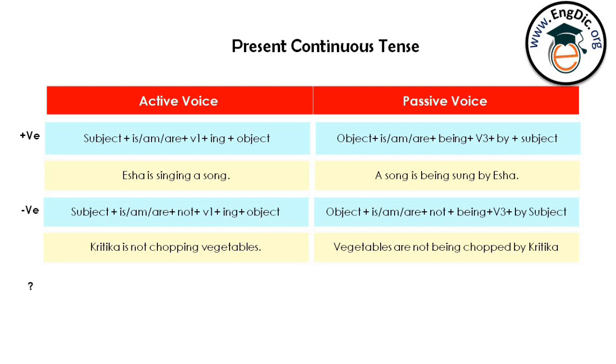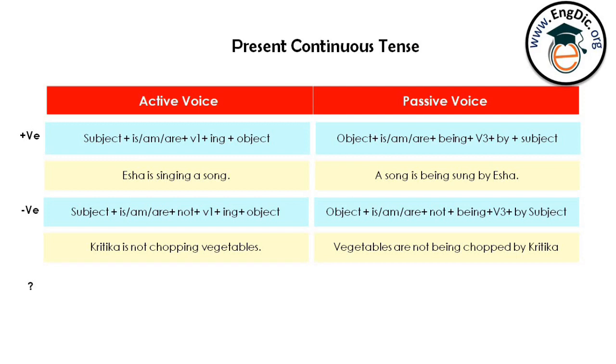For example, vegetables are not being chopped by Kritika. First we have placed the object vegetables, then are, then not, then being, then chopped, the third form, and then by, and the subject Kritika. Vegetables are not being chopped by Kritika.